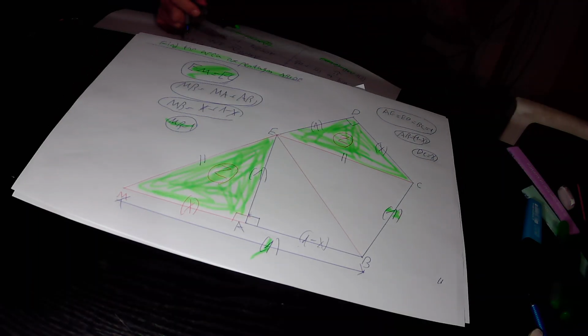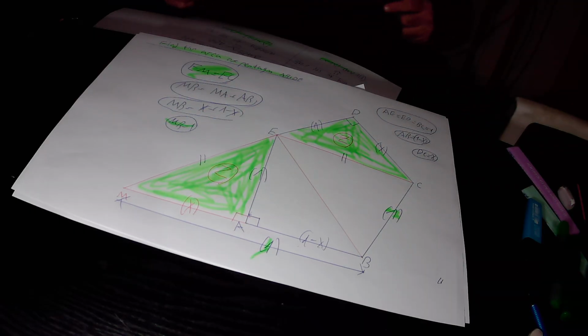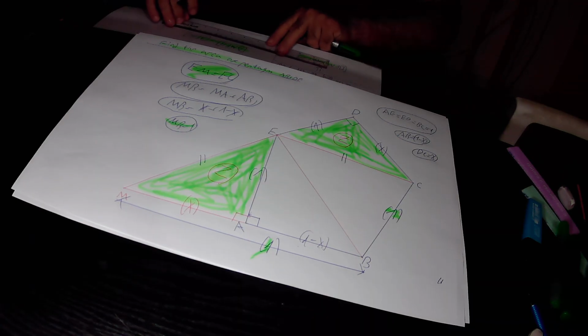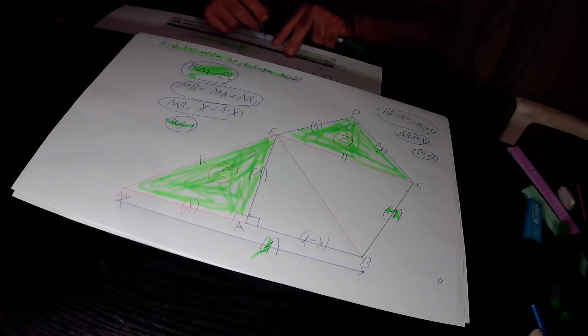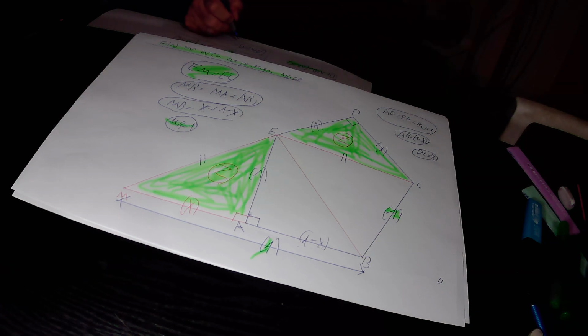In the next step, we will calculate the area of this triangle MEB. The area of any triangle equals to the base of the triangle times the height over 2.